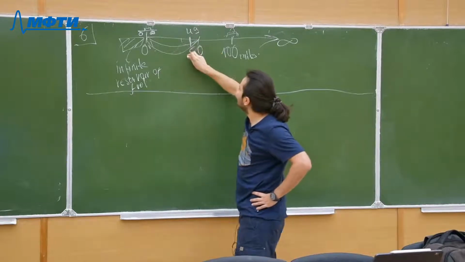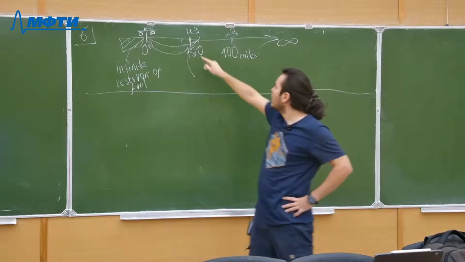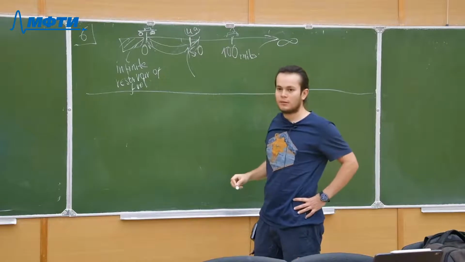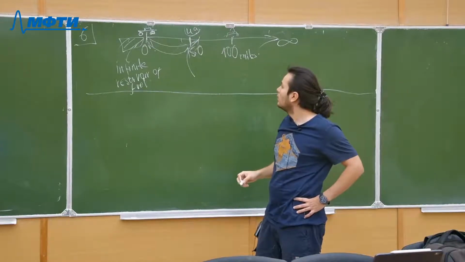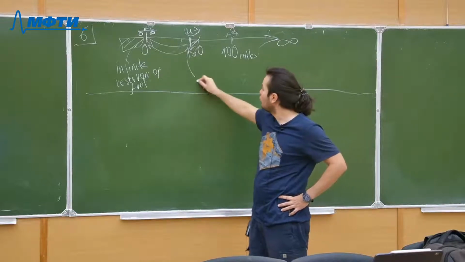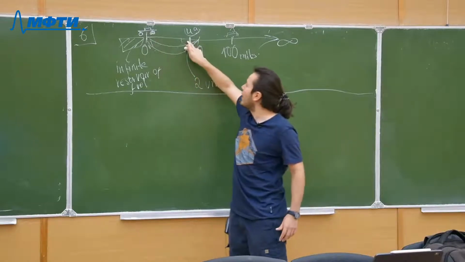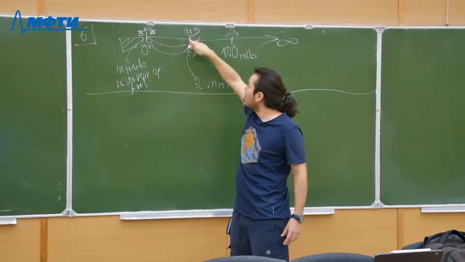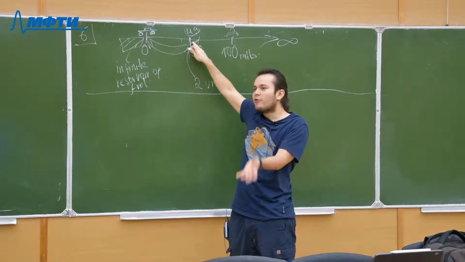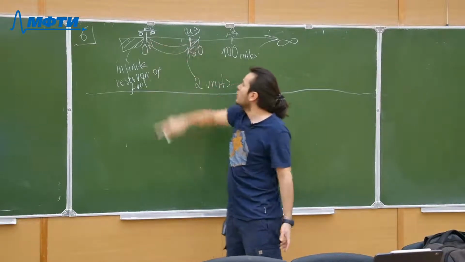How many units of fuel can I put in the 49th mile? 2 units, right? So I can go 49 miles. Then I put here 2 units of fuel, I mean, enough fuel to go another 2 miles, and then go back to the initial point, right?